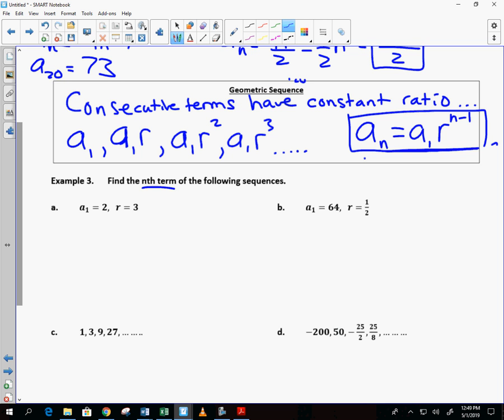I'm going to write out the sequence. I have 2 for my first term. Does anybody know what my second term is? 6. What would be the next one? 18, then 54, so on and so forth.